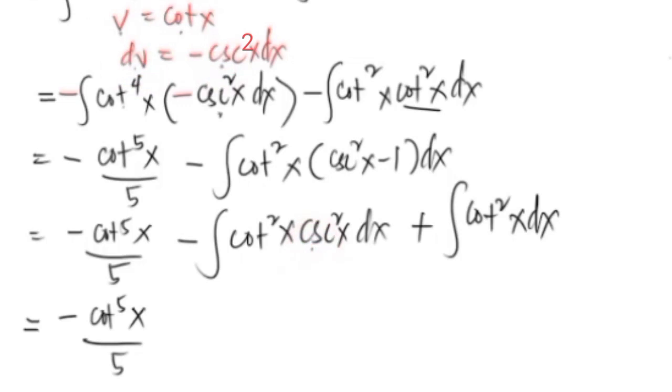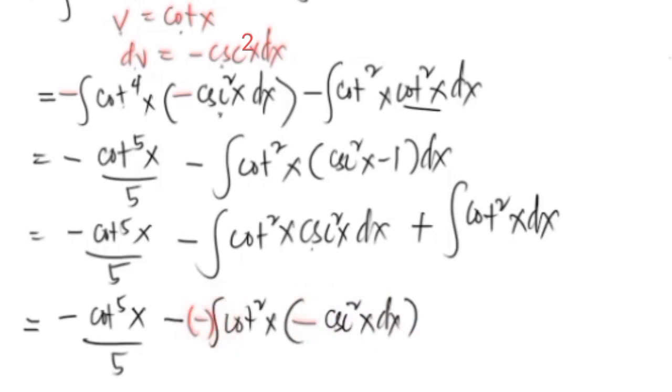So we are missing a negative here, so we multiply a negative outside and a negative inside. So we have here negative cotangent squared x multiplied by cosecant squared x dx.